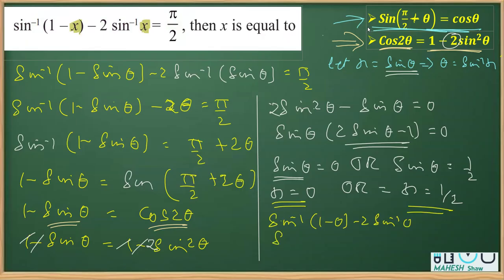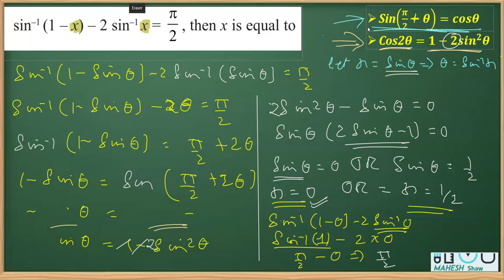So this is sine inverse of 1 minus 0, which is 1, minus 2 sine inverse 0. As you should know, sine inverse 0 is 0 and sine inverse 1 is pi by 2. So it's pi by 2 minus 2 into 0, which is 0, and that is equal to pi by 2. So clearly x is equal to 0 validates the equation.